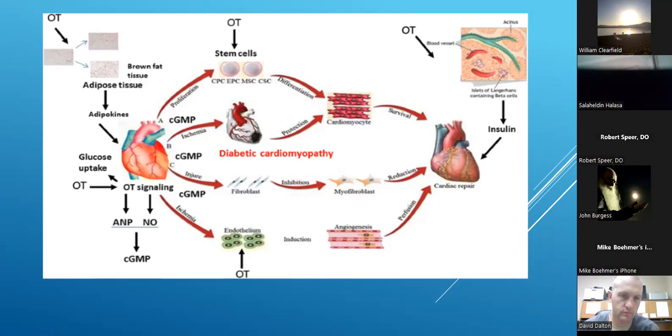When you have this antioxidant effect and neutralize the free radicals, you increase the sensitivity to the insulin. But also oxytocin increases the secretion of insulin from the pancreas as well. So oxytocin increases the secretion of insulin, the insulin sensitivity, and the glucose uptake. So I think oxytocin will be a phenomenon to manage patients with diabetes and weight loss, and also in managing cardiovascular events as a cardioprotective or a neuroprotective molecule.